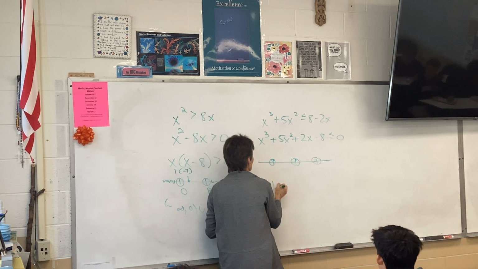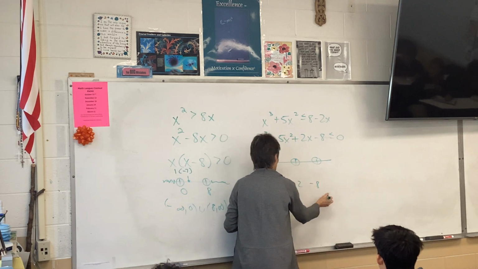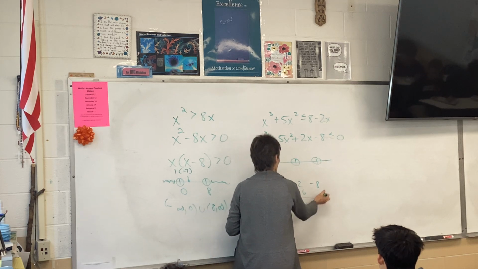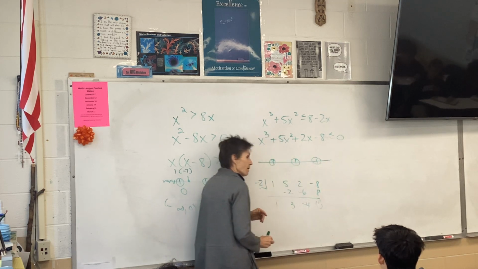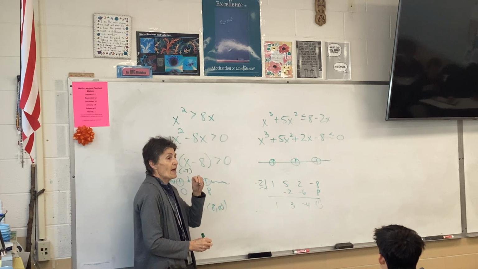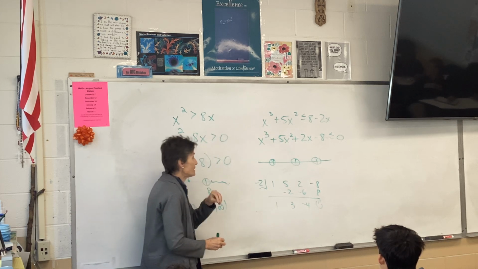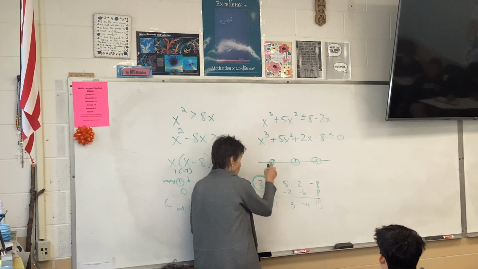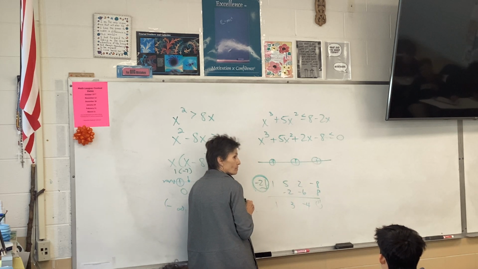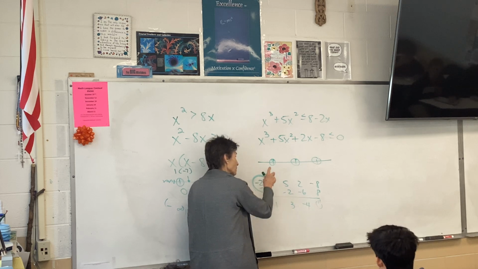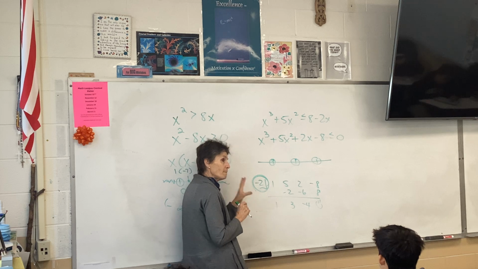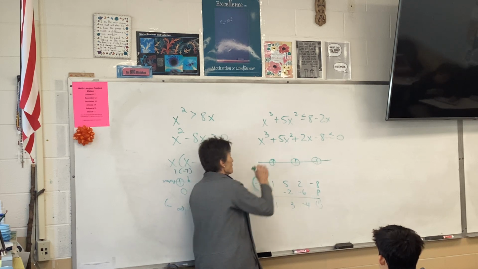Negative 2, you said? Oh, wow. You got it. Good job. So that means that one of my dots is going to be at negative 2. I'm not going to put it up here yet because I'm not sure which one of those it's going to be, but one of my dots is going to be negative 2.